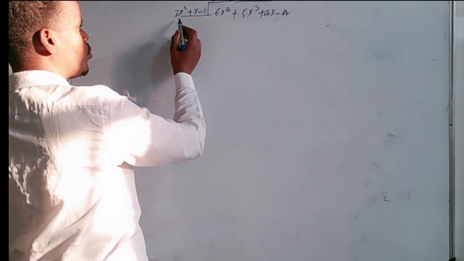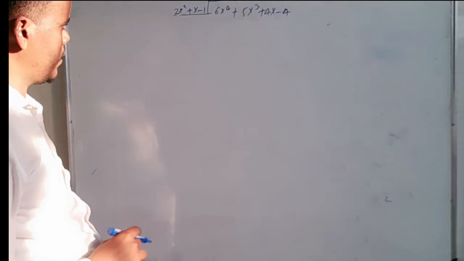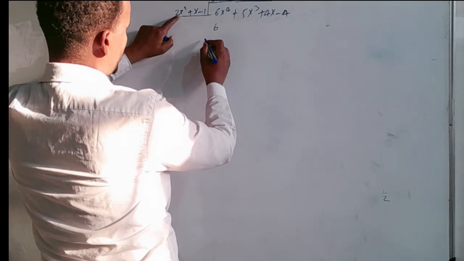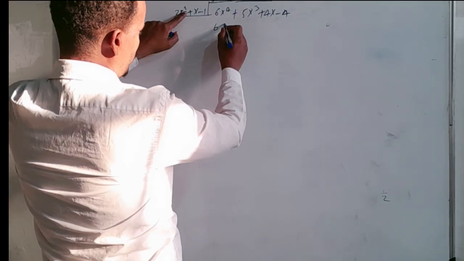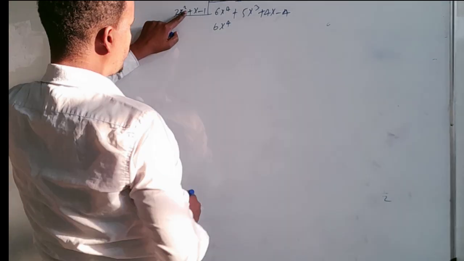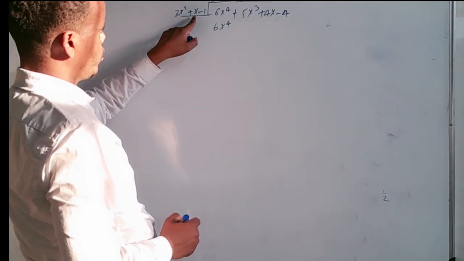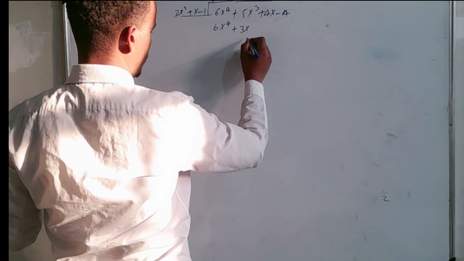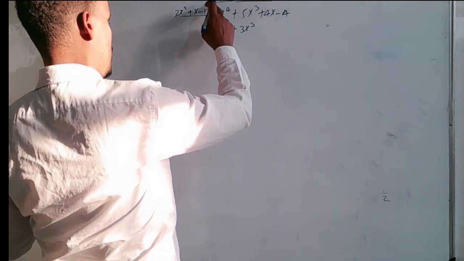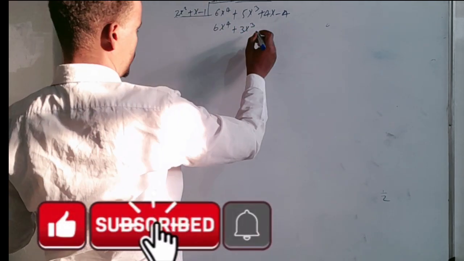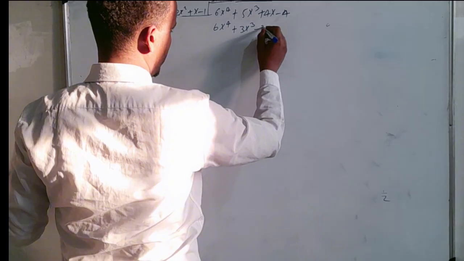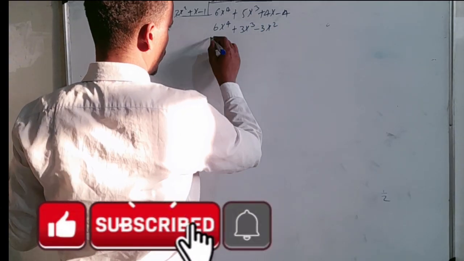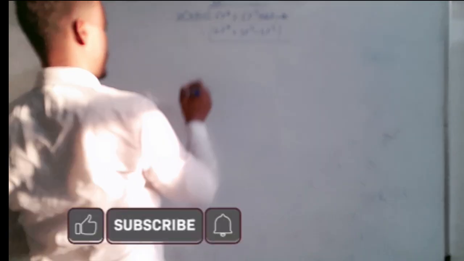Then multiply: 3x squared times 2x squared is 6x to the power of 4, 3x squared times x is plus 3x cubed, and 3x squared times minus 1 is minus 3x squared. Then change the signs.